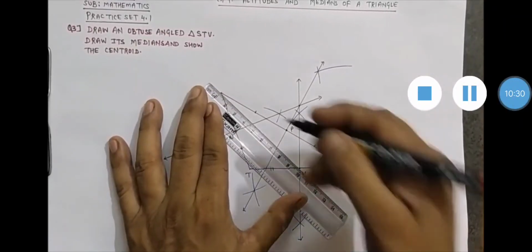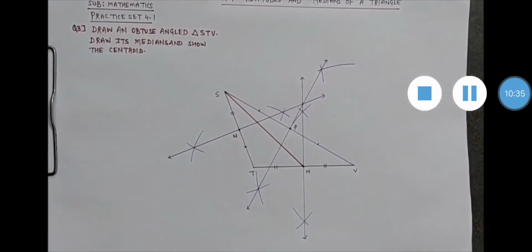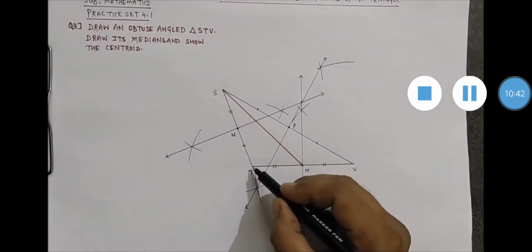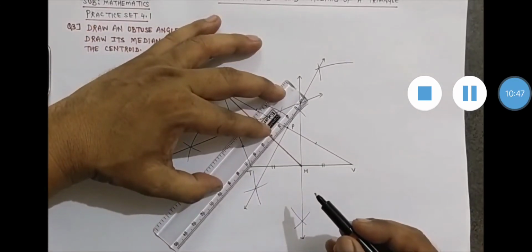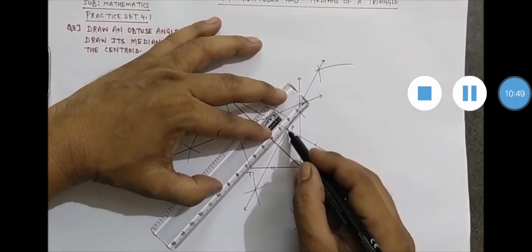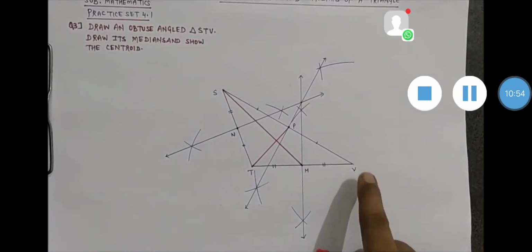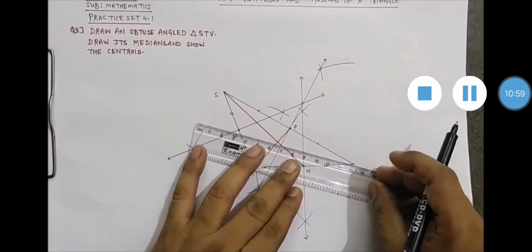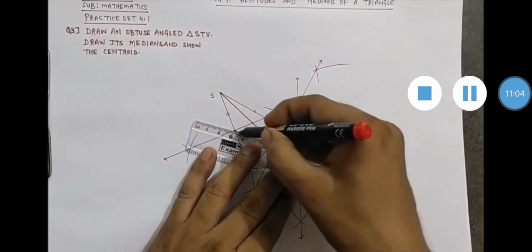Now we have to join point S and point M. Now SM is the median. Similarly, join point T and point P. T and P are now the median. Join point V and point N. Now line VN is the median.